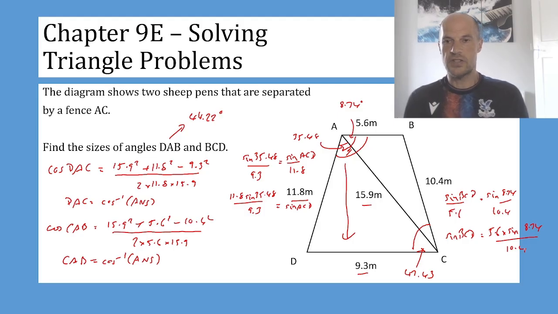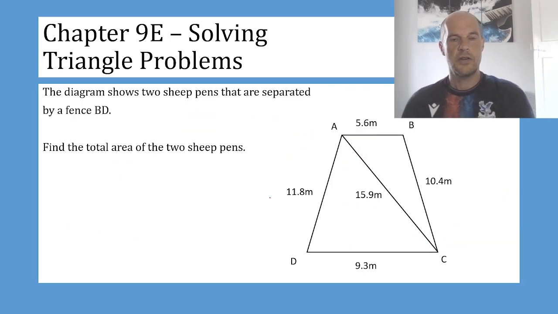So the sine of BCD is 0.08, so I'll just inverse sine that. BCD is 4.69 degrees. So if I add 4.69 and 47.43, I've got this angle here, which is 52.12 degrees.